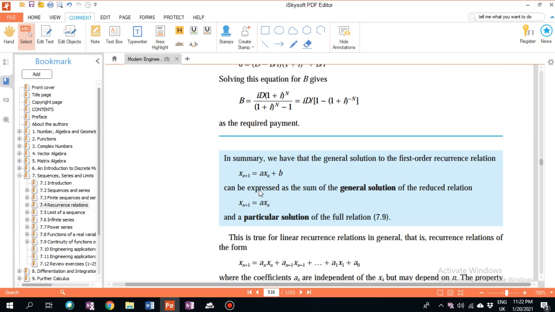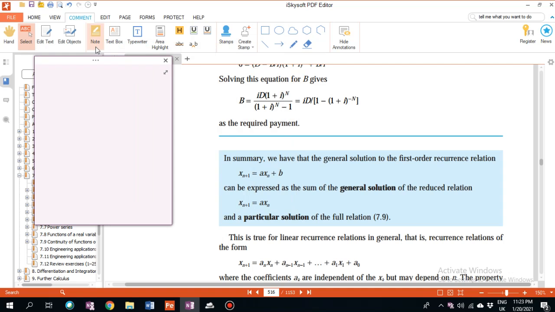The first order recurrence has a general solution for the first order recurrence relation, which is x_{n+1} = a x_n + b. It can be summed up as a general solution, which reduces to x_{n+1} = a x_n.